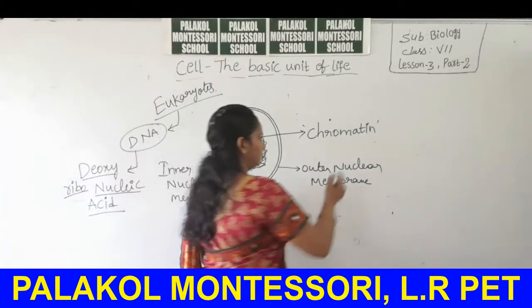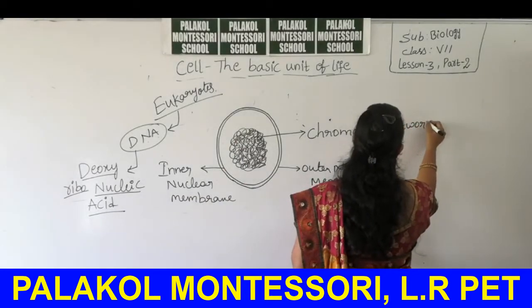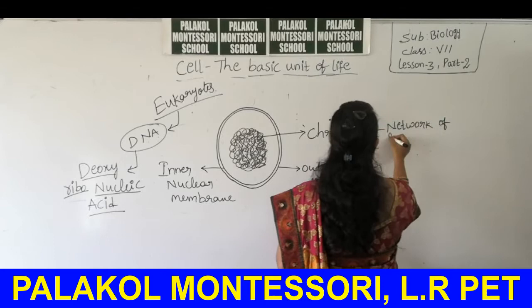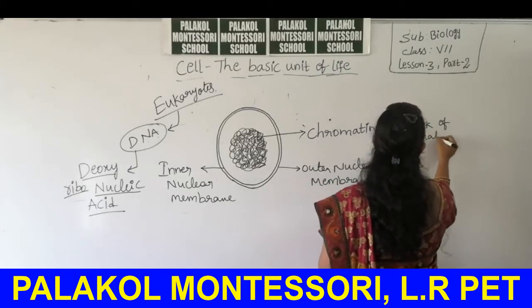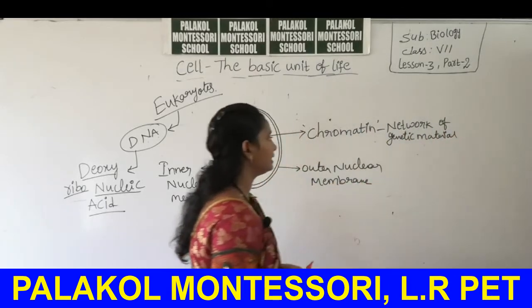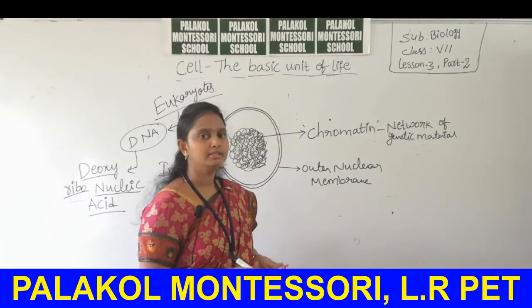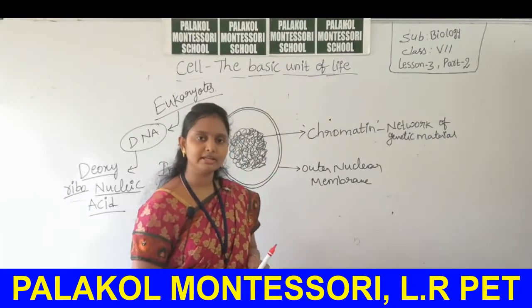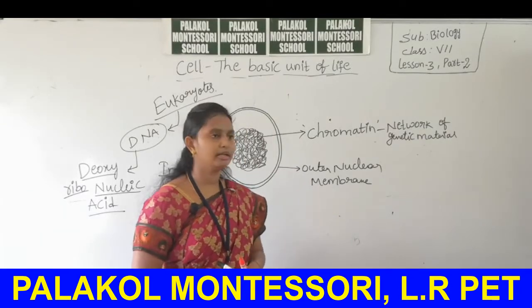The network of genetic material or nuclear material is called chromatin. Genetic material or nuclear material, anything is the same. Why is it called genetic material? Because genes come from the genetic material.